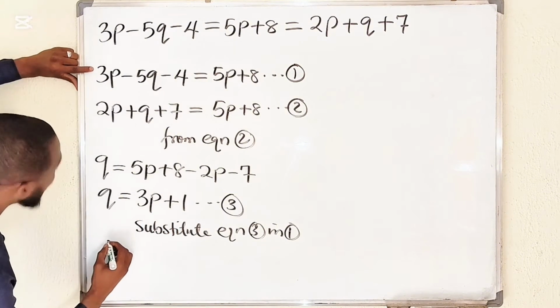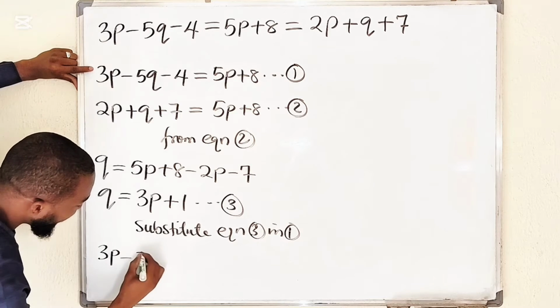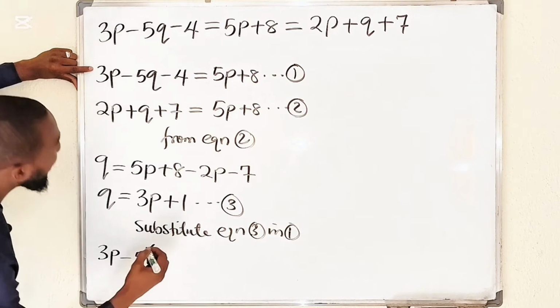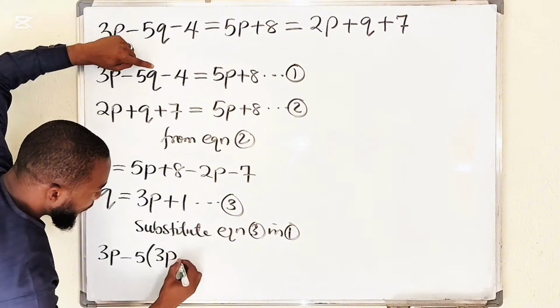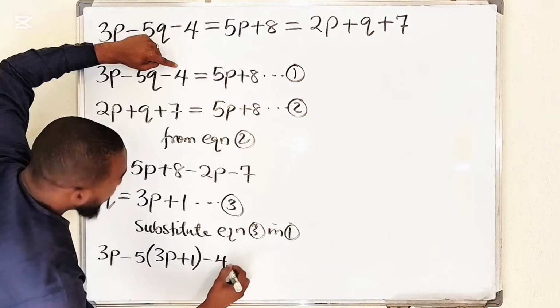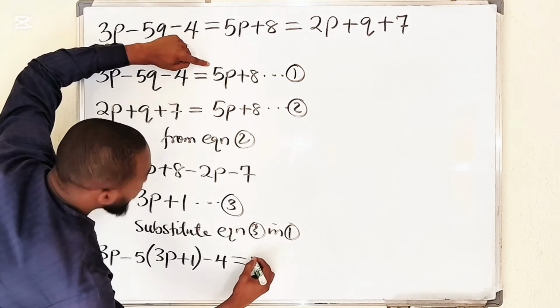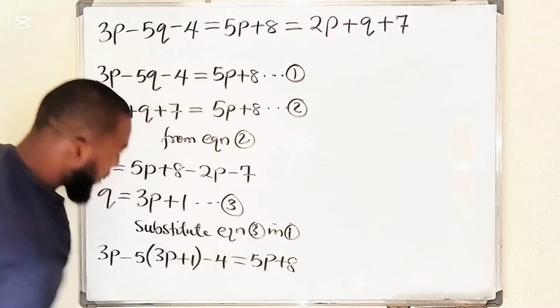So we have 3p here minus 5 multiplied by q, but q is 3p plus 1. Then minus 4. Then this is equal to 5p plus 8.